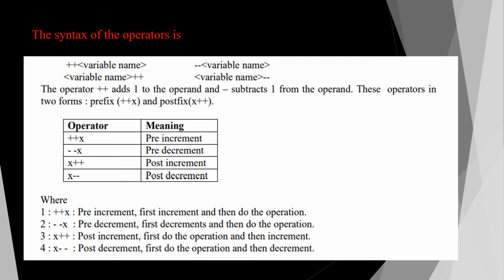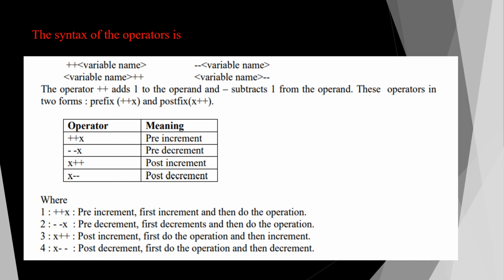This table represents which operators are used in pre-increment, post-increment, pre-decrement, and post-decrement. The first one, ++x, is the pre-increment: first it is incremented, then it is used in the operation. The second one, --x, is pre-decrement: it first decrements the value, then does the operation.